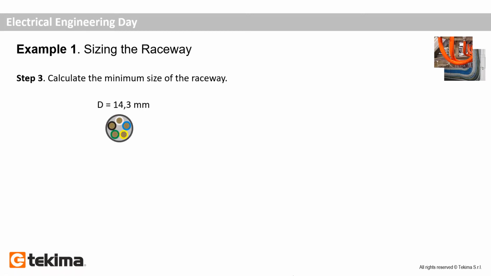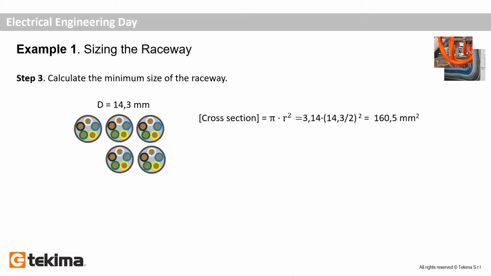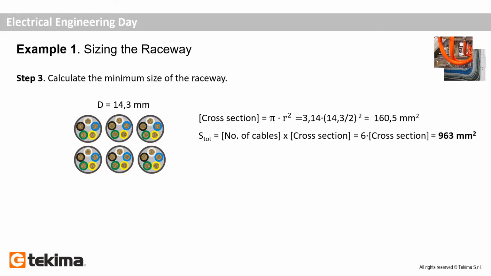To do that, we have to understand the total cross-sectional area occupied by the cables. For one cable, the cross-sectional area will be 160.5 square millimeters. That means that for 6 cables it will be a total of 963 square millimeters. With a percentage of 50%, we can understand the minimum internal area of the raceway that we have to look for.